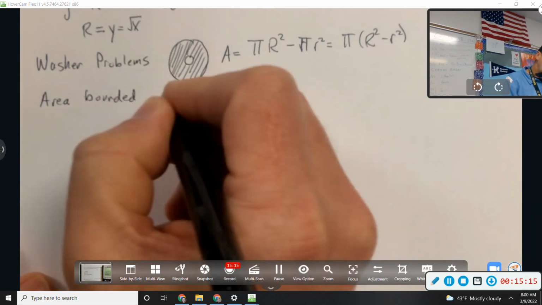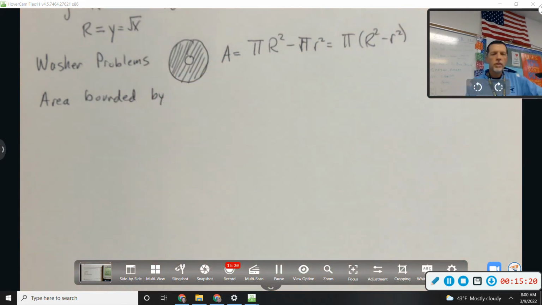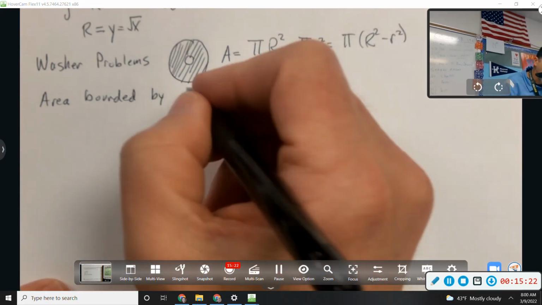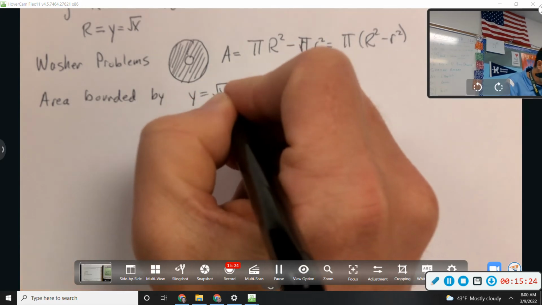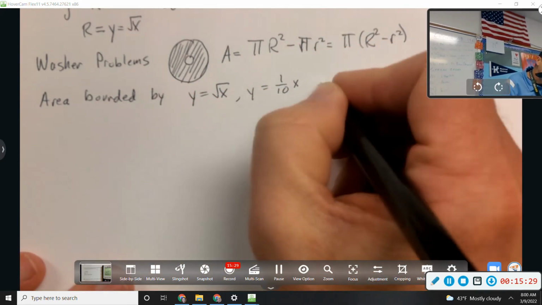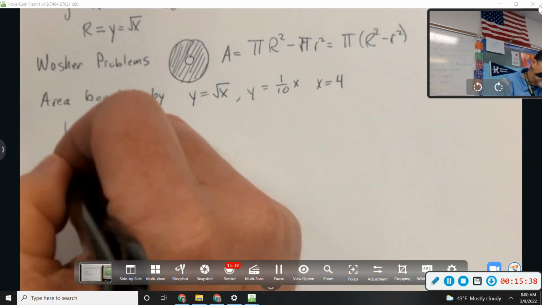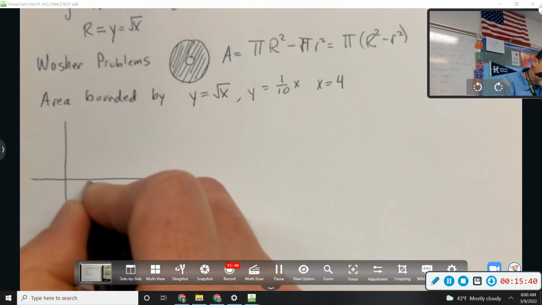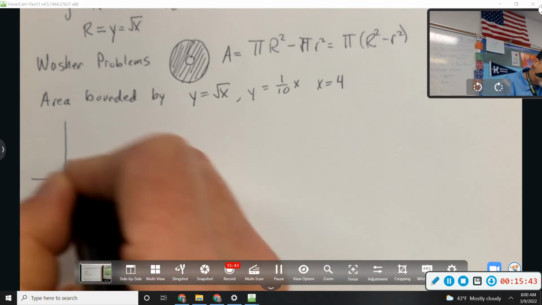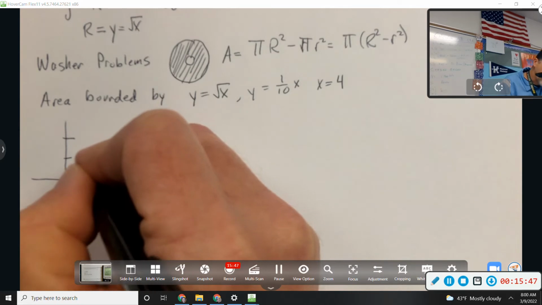This time, let's say our area is bounded by, you know what, let's make it match that problem we just watched on the video. So that was y equals square root of x, y equals 1/10 x, and x equals 4. So I can do the square root one pretty easily.